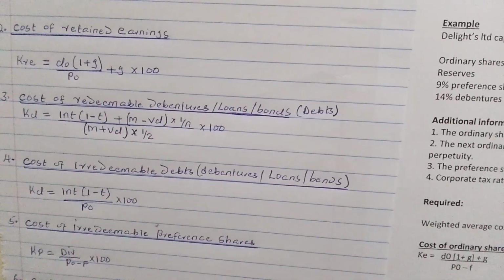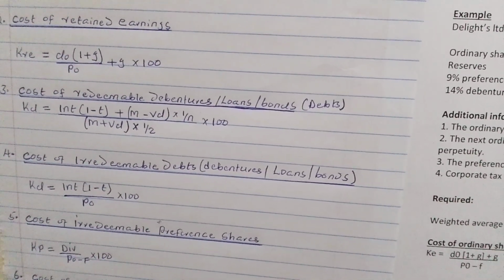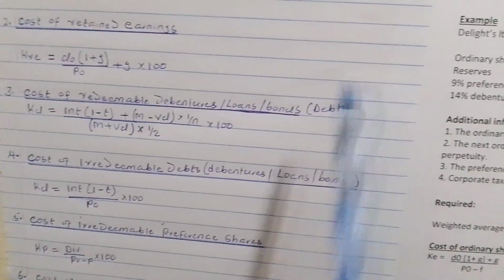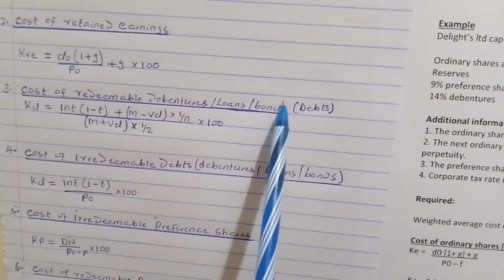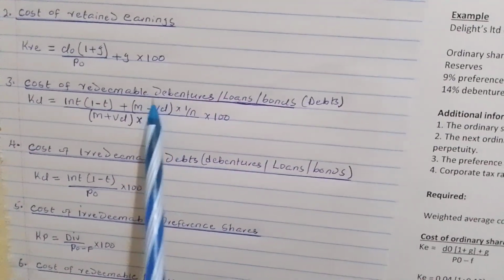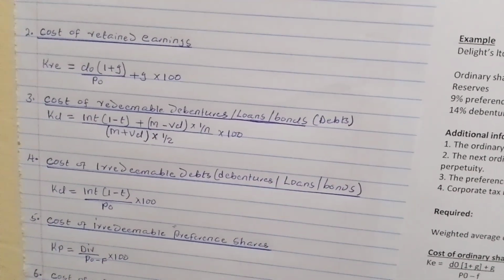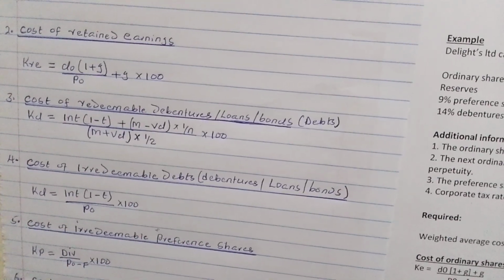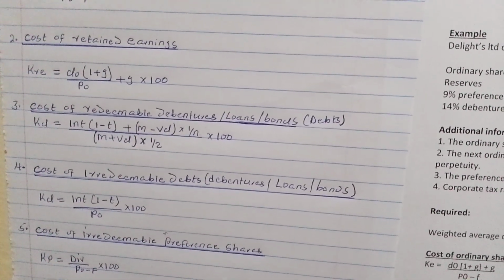In other words, these are debts which have a maturity period. So cost of redeemable debentures, loans or bonds, they mean the same. They are all debts. That's an important thing to note.